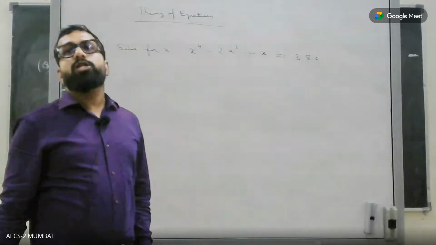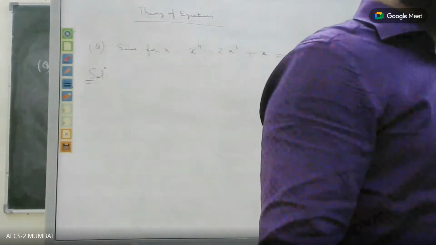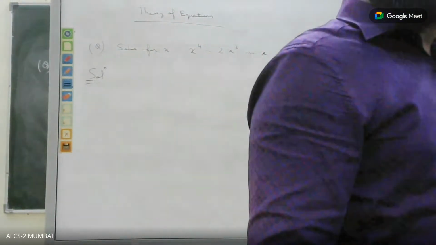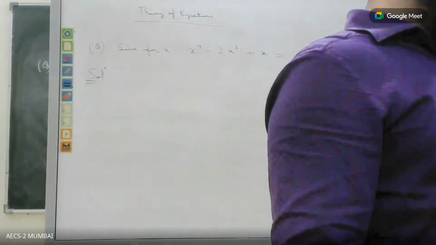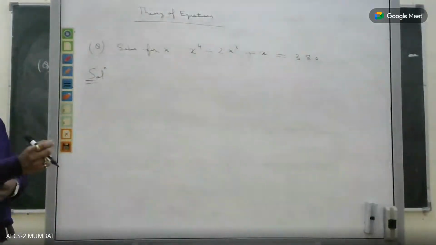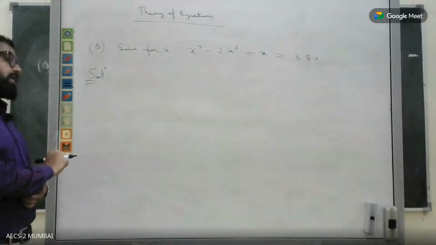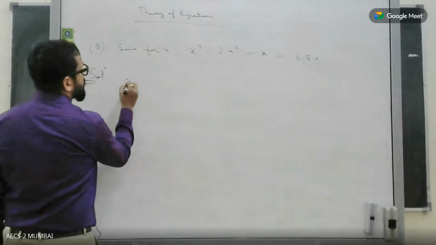See, certain questions have to be converted to a quadratic. This is not exactly a quadratic, right? You have to convert it to a quadratic. Okay? How do you do that?